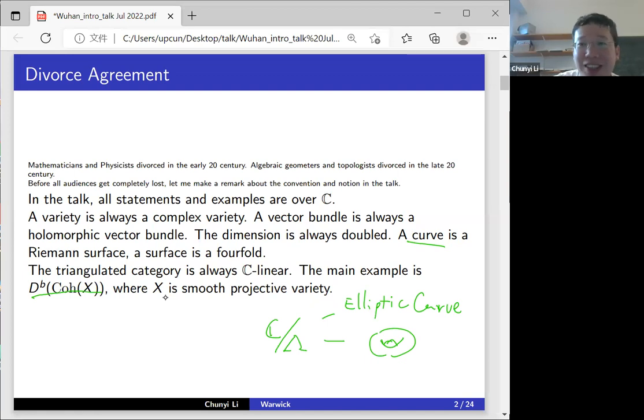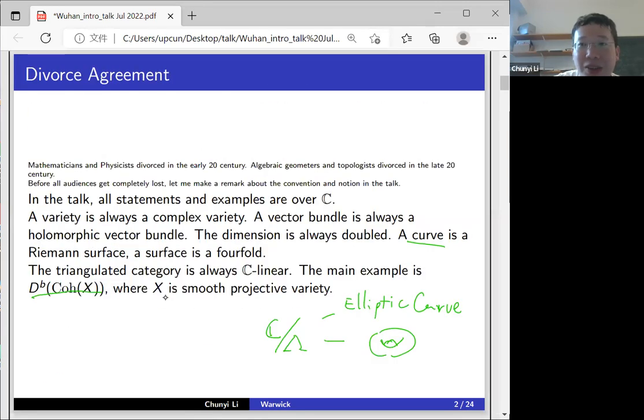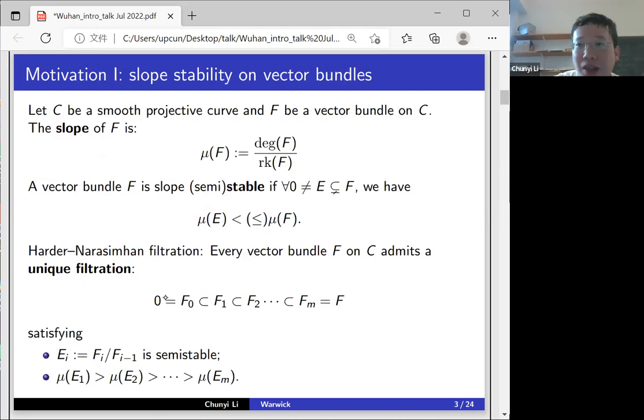All right, so this is a remark. Now let's go to the mathematical content. The first part is we're going to introduce the definition of stability conditions on a triangulated category. But before that, let me talk about some motivations. There are actually several motivations for this concept.